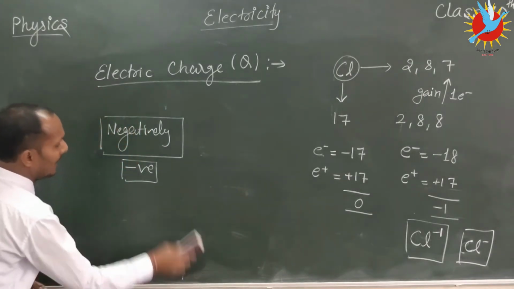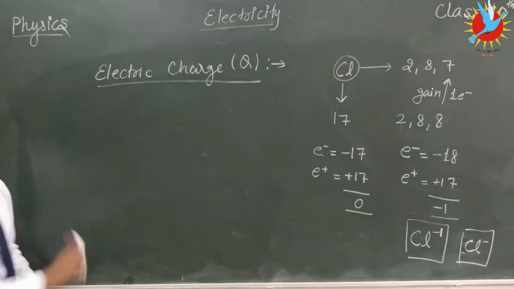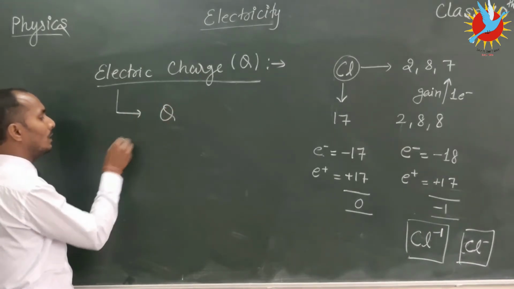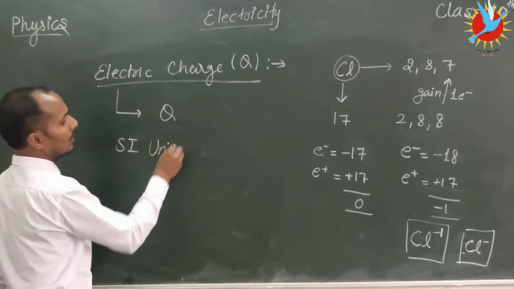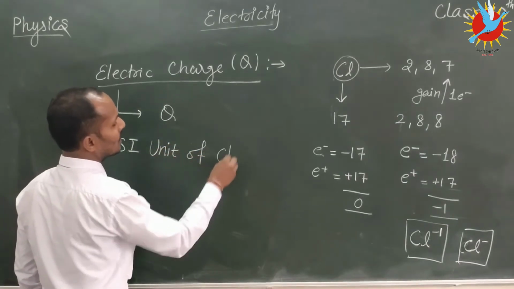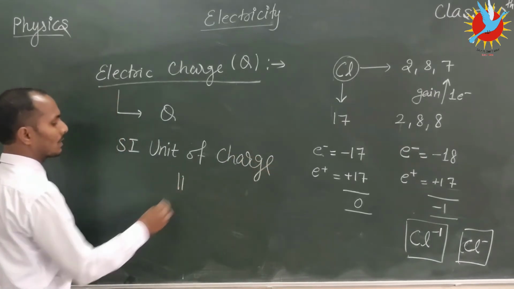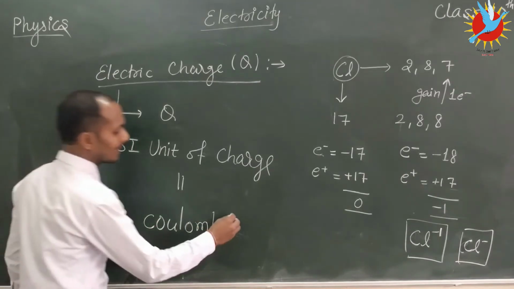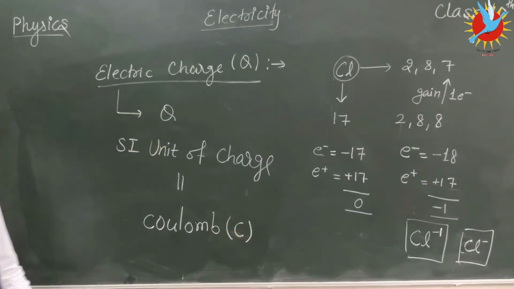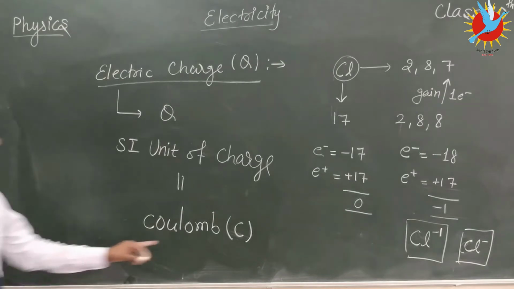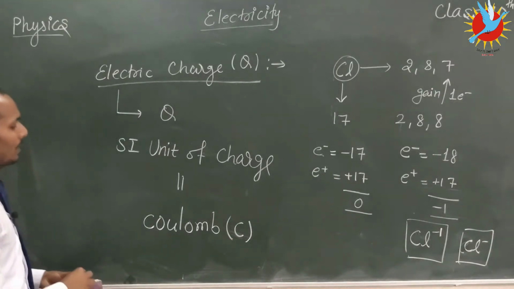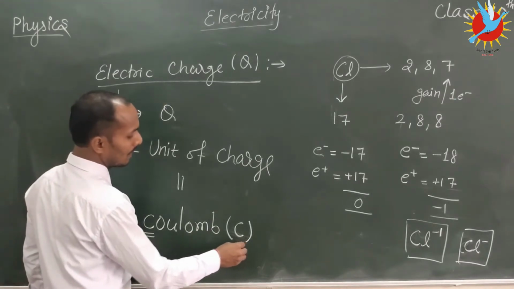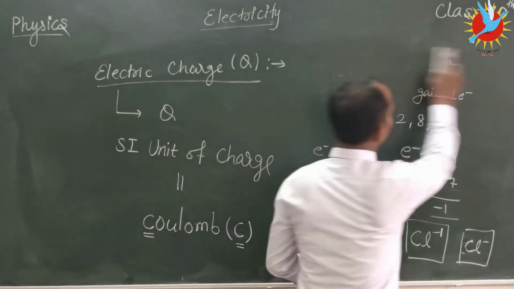The symbol of electric charge is Q, and the SI unit of electric charge is the coulomb, and the symbol is C. Remember that when you write the full name, the first letter is small, and when you give the symbol, the letter becomes capital.